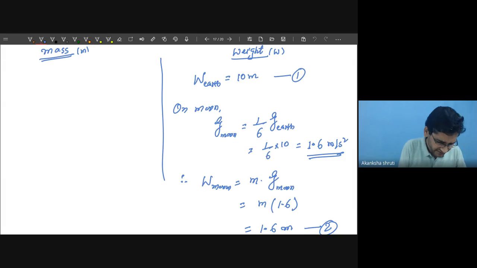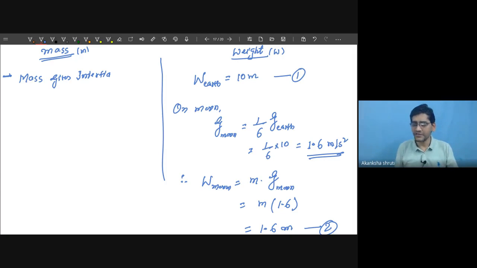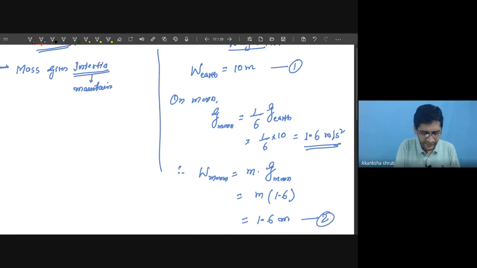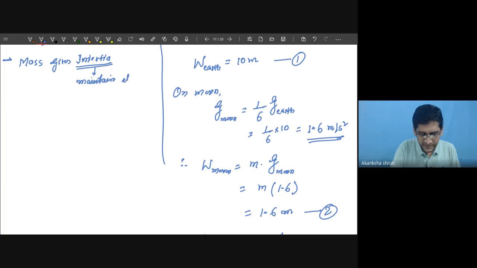So mass gives inertia. Whatever inertia we had learned in Newton's first law of motion, the same inertia I am talking about. So maintain its previous state. This state may be a state of rest or a state of motion.